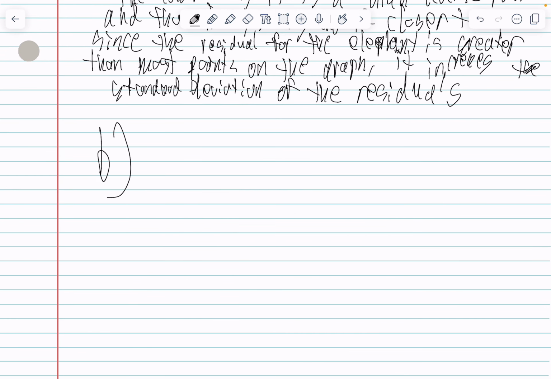Letter B is going to ask, describe how the point representing the human affects the equation of the LSRL, R squared, and S. Let's see.